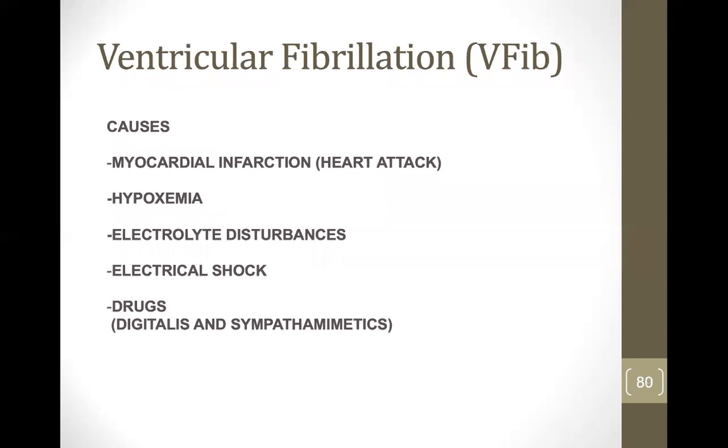What causes this? A heart attack can cause this. Having a low level of oxygen, having those electrolyte disturbances that we have, being shocked of some sort, like getting an electrical shock or lightning shocks or something like that can happen. And then also some drugs can actually do this. Digitalis is a pretty strong drug that can do this.